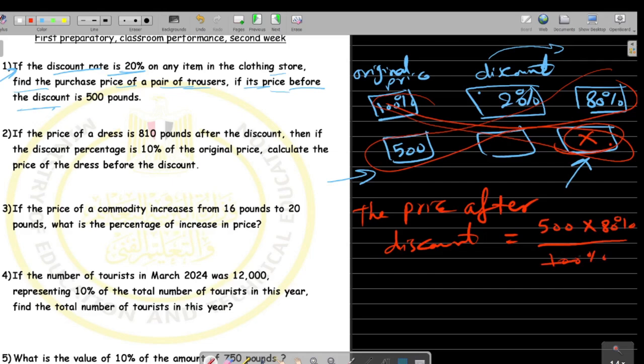This 0 cancels with these 2 zeros, percentage with percentage, so the price would be 5 times 80 equals 400 pounds after the discount. So he will pay 400 pounds.